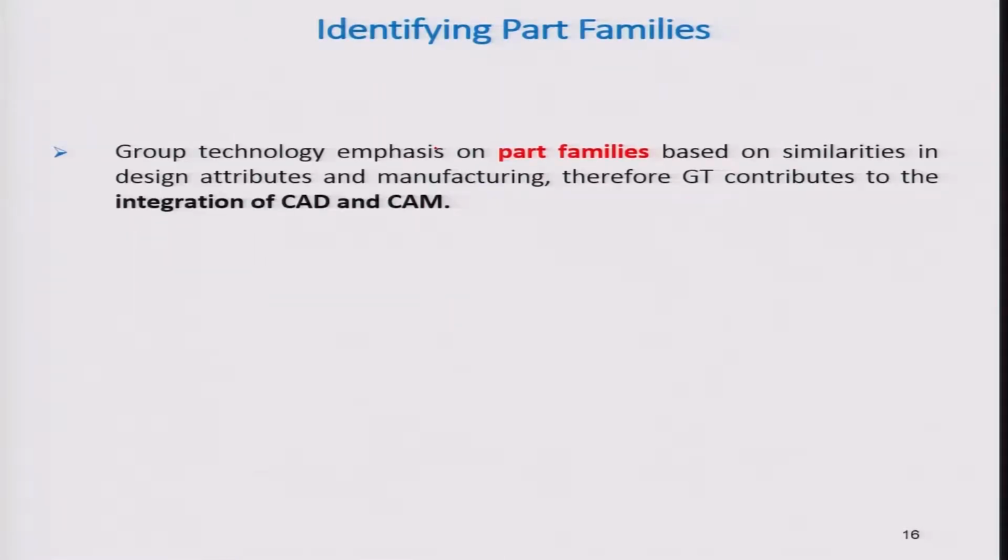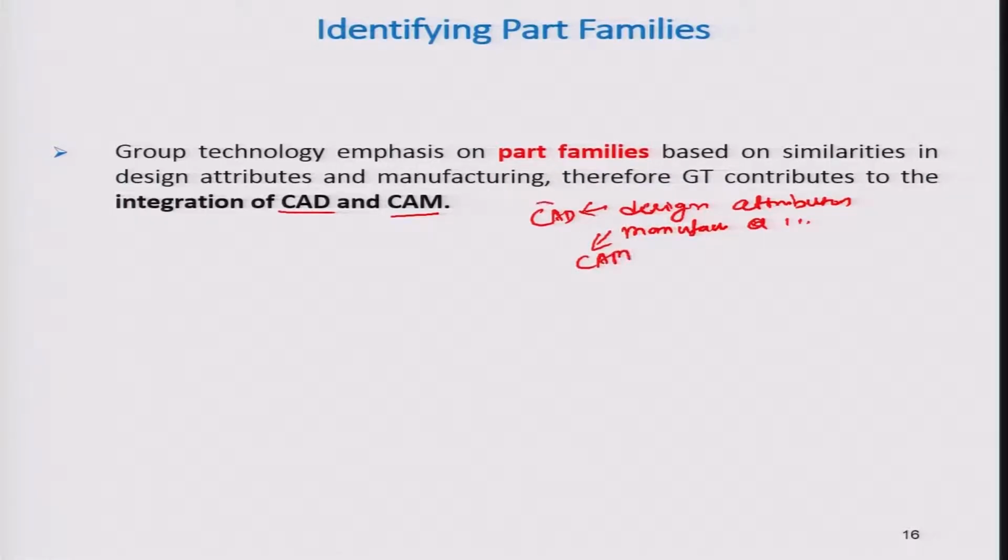Group technology emphasizes part families based on similarity in design attributes and manufacturing. Therefore, GT contributes to the integration of CAD and CAM, because you are using design attributes as well as manufacturing attributes. So these are related to CAD, and these are related to CAM.